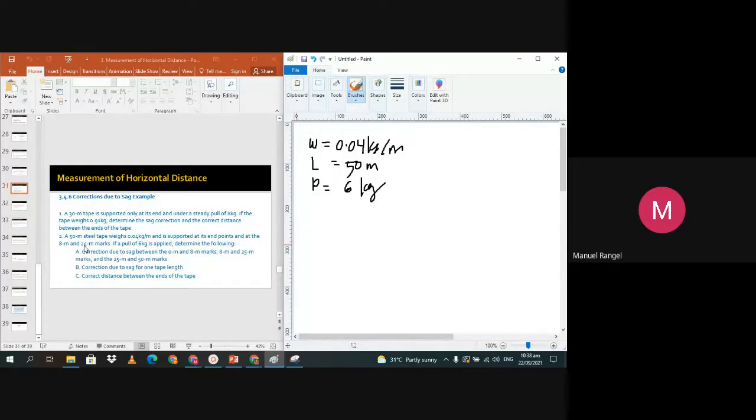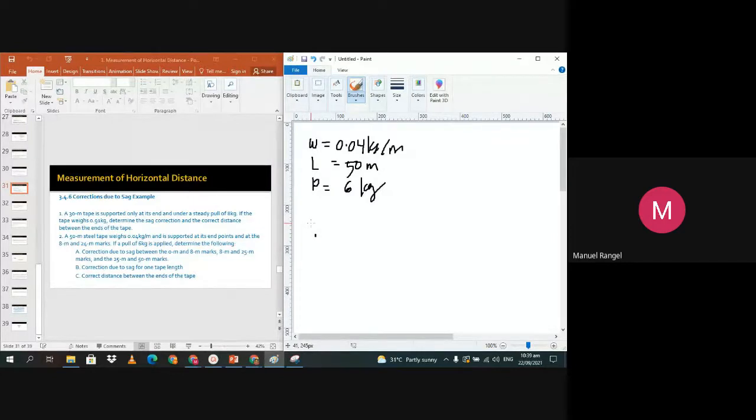Correction between the 0, 8, 25, and 50. So let's point.